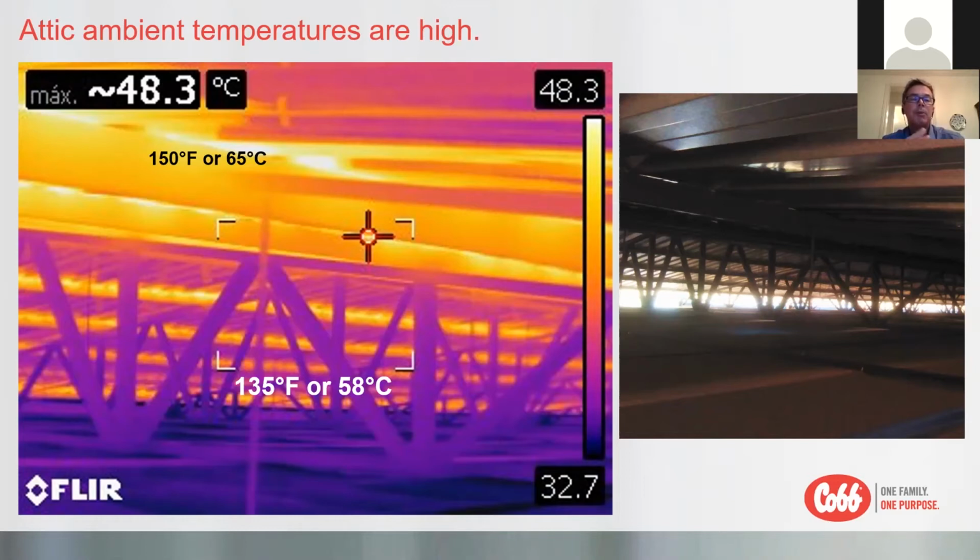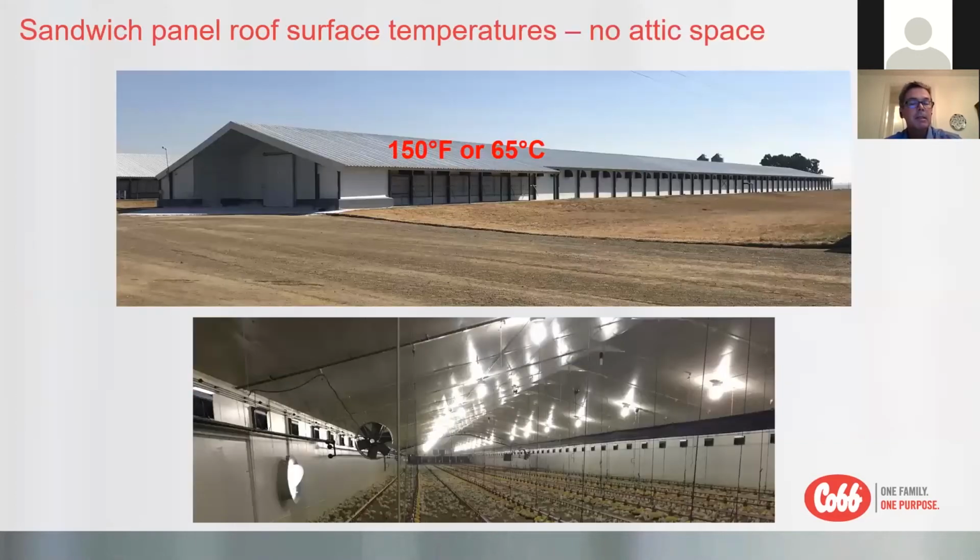In this example, that attic space can be as hot as 60 degrees Celsius on a very hot day. If you climb into the attic, it's hot. Now, if you don't have an attic space, we look at the surface temperature of the sandwich panel roof. On a hot day, that metal sheet could be as hot as 65 degrees C.